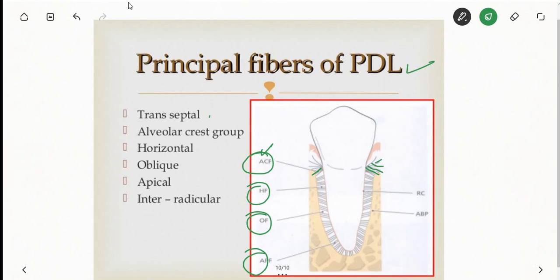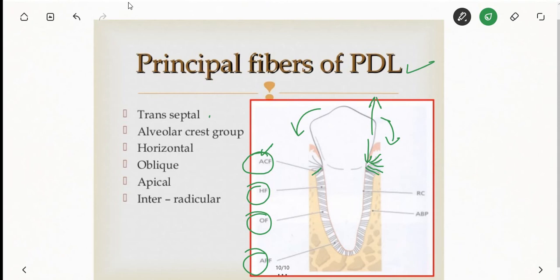So what will these fibers do? These fibers resist forces like tilting, extrusive forces, intrusive forces, and rotational forces. Second comes the horizontal fibers.